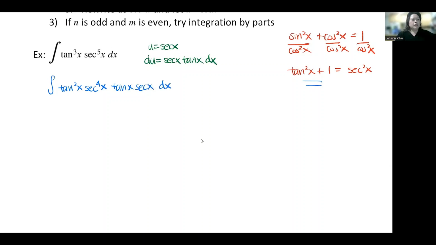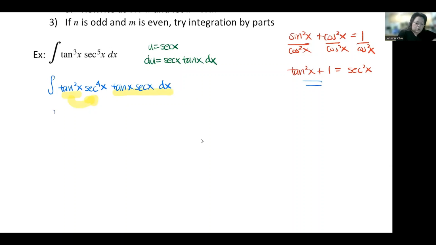All right, so again, take a look at what we have here. We still have tangent cubed, and we still have secant to the fifth power, but it just split up. That way I can see this is my du, and then I can transform my tangent into a secant so that I have my u and my du. All right, now this is looking a little bit better.